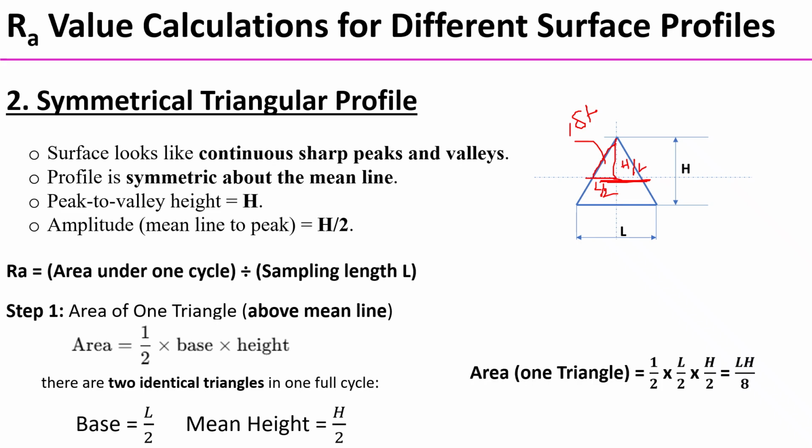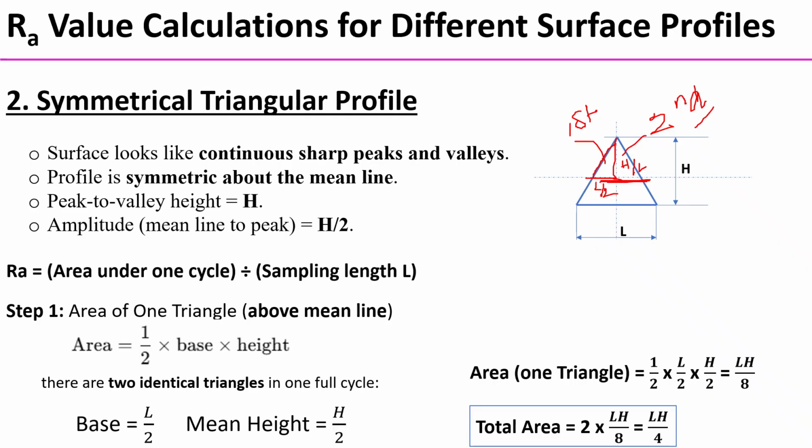Then the area is 1 by 2 into L by 2 into H by 2, which is equal to LH by 8. But above the mean line there are two identical triangles for one full cycle. Then the total area is 2 into LH by 8, which is equal to LH by 4.